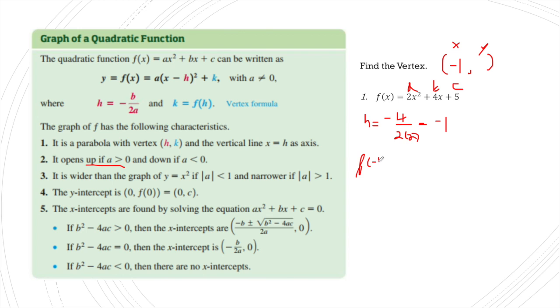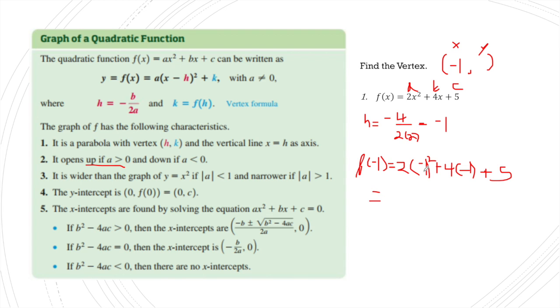I have f of negative 1 equals 2 times negative 1 squared, and that square's on the outside. That's important to keep in mind. Plus 4 times negative 1 plus 5.